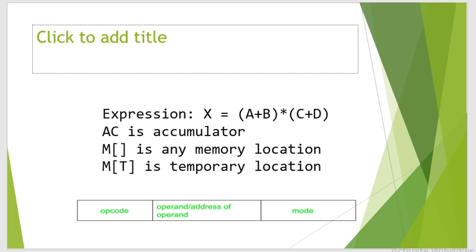The first one, opcode. What do you mean by opcode? It is a short form of operation code. After that, the operand. The operand is nothing but the variables or alphabets a, b, x, y, r1, r2; these kinds of variables or registers.